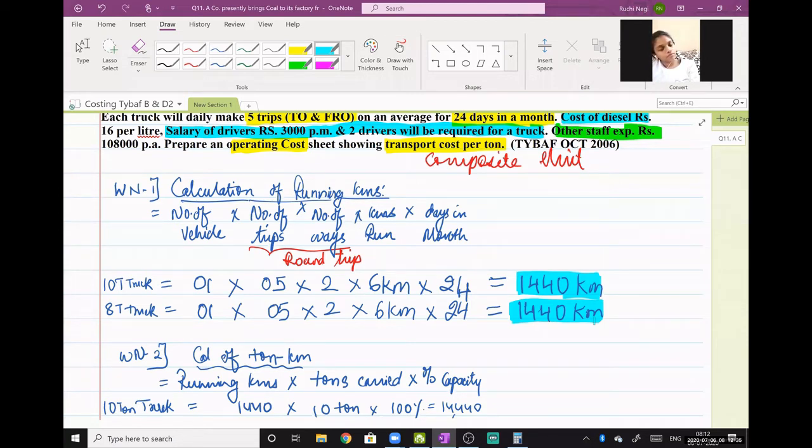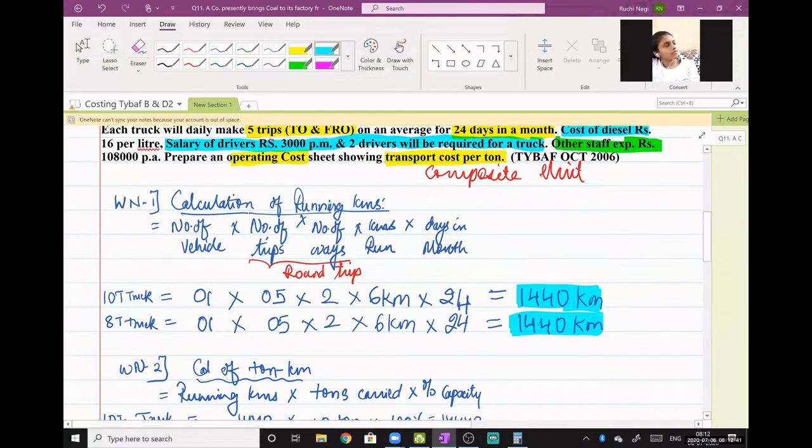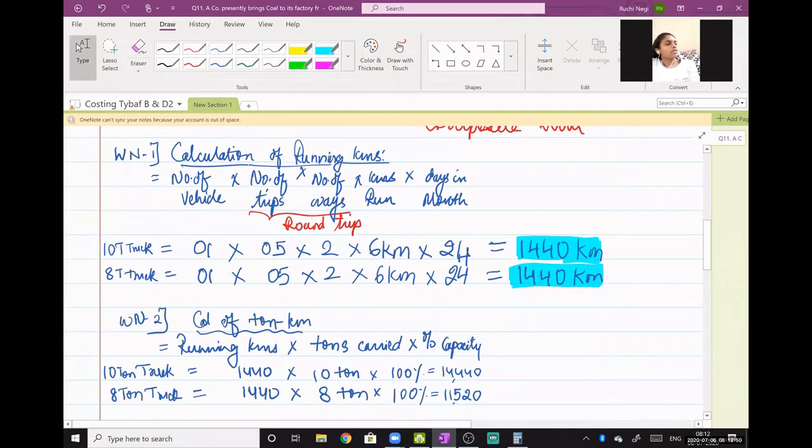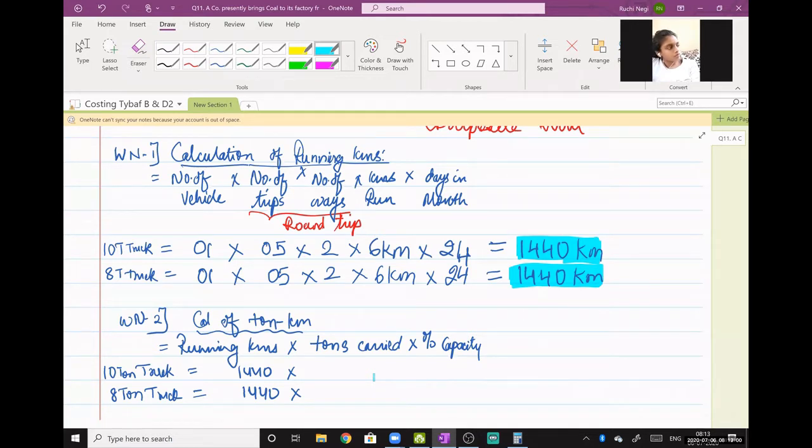Now let us calculate ton kilometers. Running kilometers into number of tons carried into percentage capacity. Kilometers run, we just got 1440 respectively.